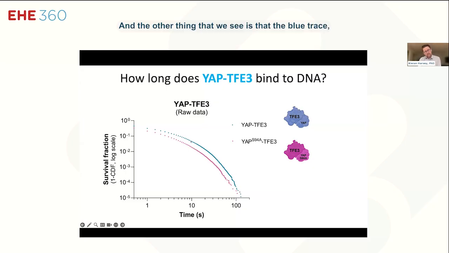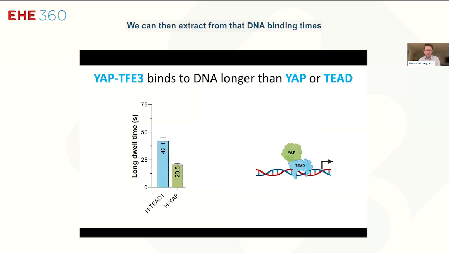And the other thing that we see is that the blue trace, this is just the raw data, is exhibiting longer DNA binding times than the protein that can't contact the TEADs. We can then extract from that DNA binding times for these different proteins.